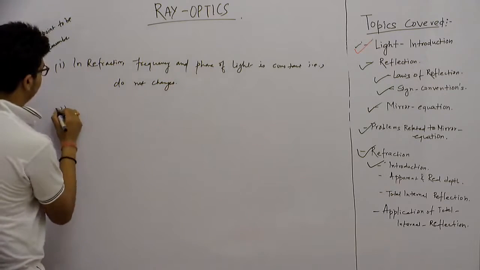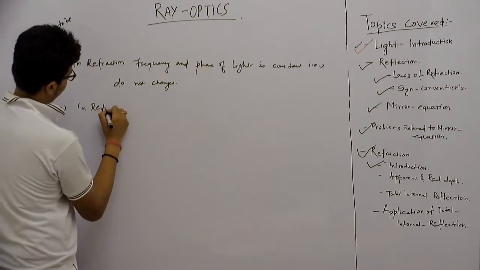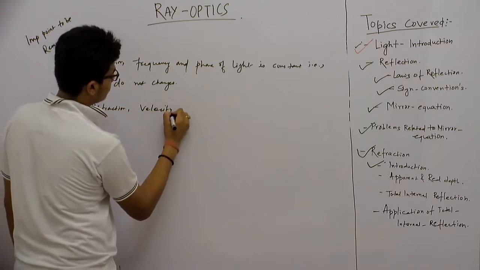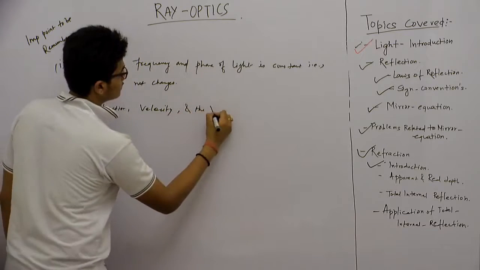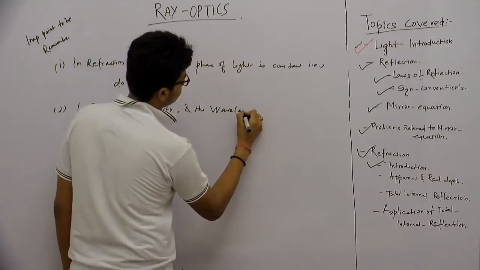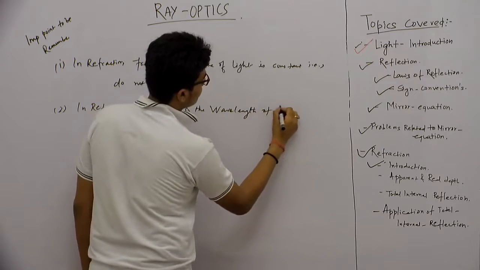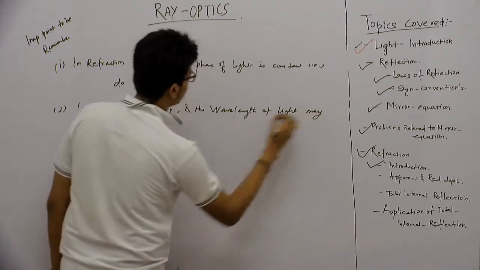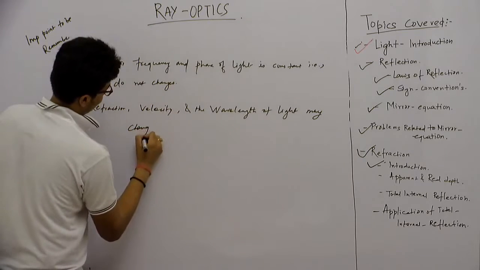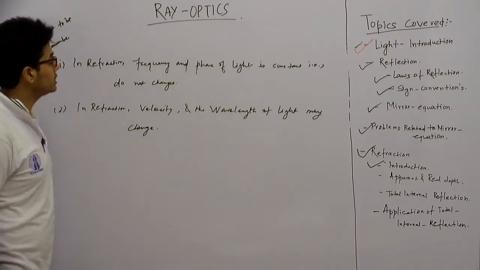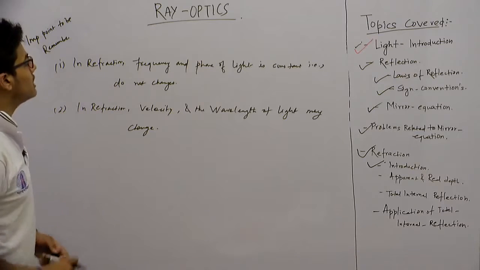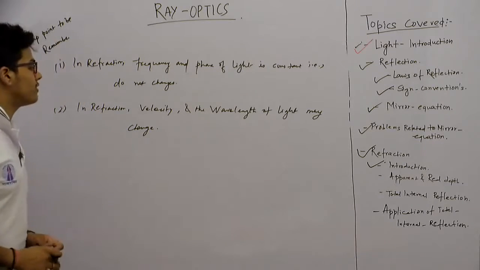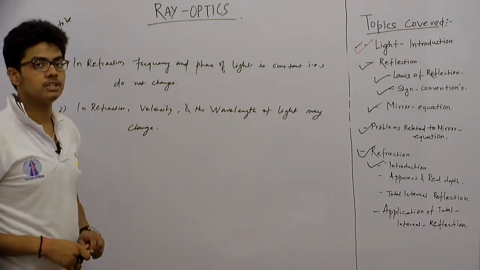And second, in refraction, the velocity and the wavelength of light may change. So these are the two important points: in refraction, frequency and phase of light do not change, and velocity and wavelength may change according to suitable conditions.